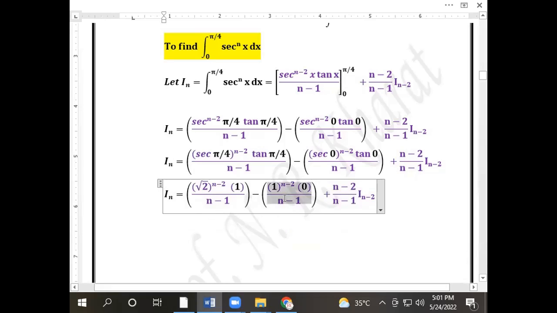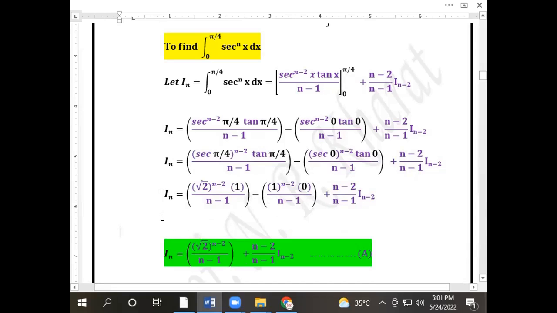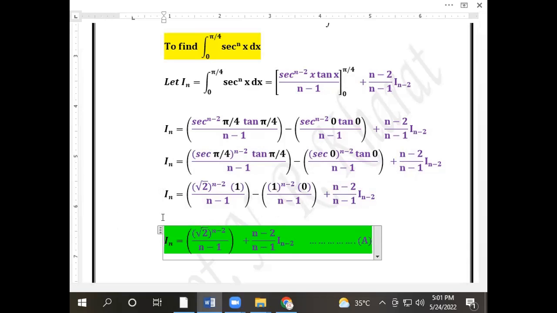The lower limit, when we put it, the answer is 0. So the value of In is equal to root 2 whose index is n minus 2, upon n minus 1, plus n minus 2 upon n minus 1 I of n minus 2.